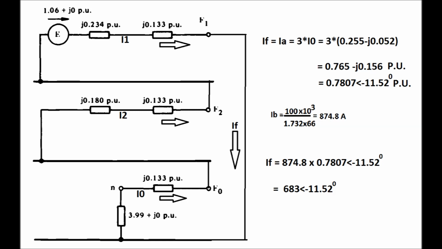Here the per unit fault current is 0.765 minus j0.156 per unit, or we can write it as 0.7807 at an angle of minus 11.52 degrees per unit. So IF, the value of the fault current, comes as the base current into the fault current in per unit, which comes as 683 at an angle of minus 11.52 degrees ampere. So this is how, when a single line to ground fault occurs, the fault current can be calculated.